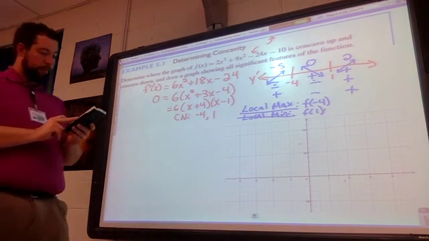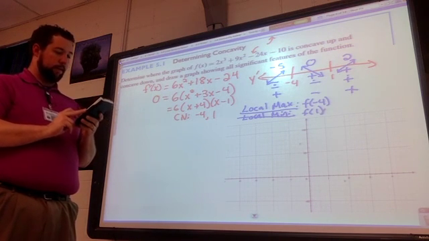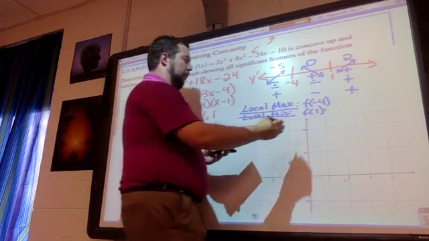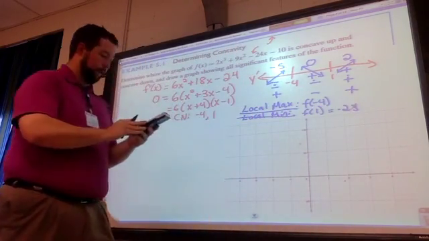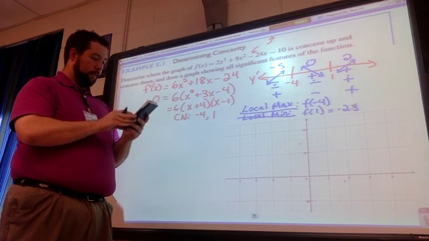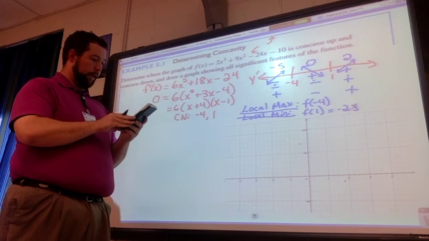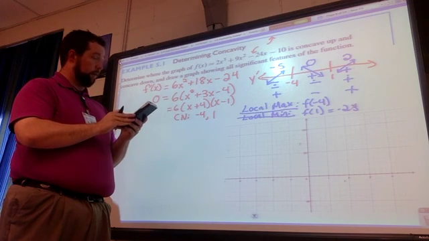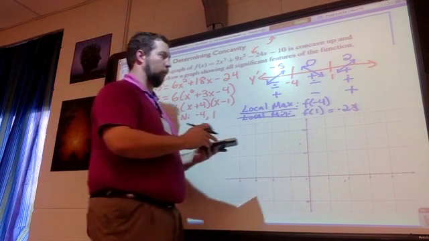It'd be 2 plus 9 minus 24 minus 10, which gives me a -23 for my local min. I'll put the -4 in. Let's see. -4 cubed plus 9 times 16 minus 24 times -4 minus 10 gives me actually 102.